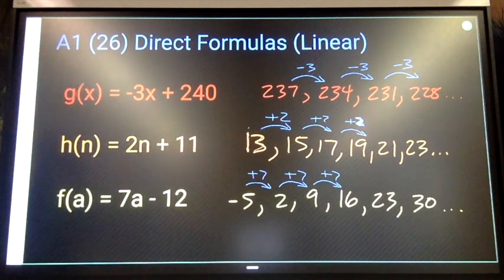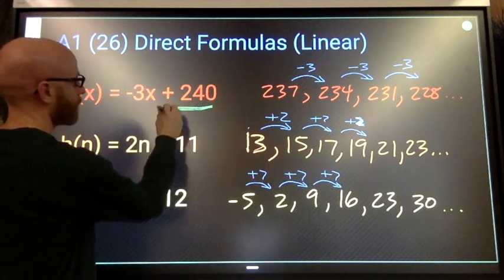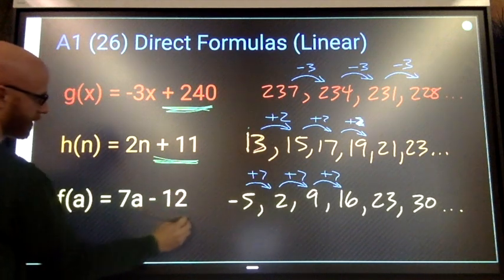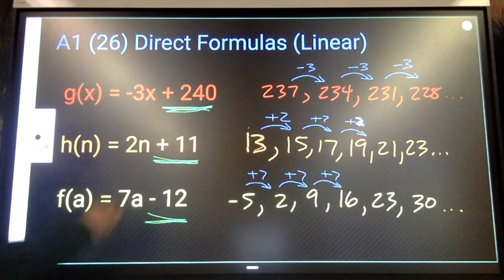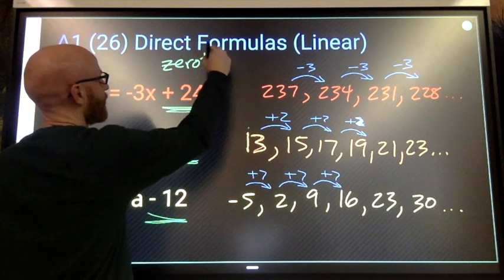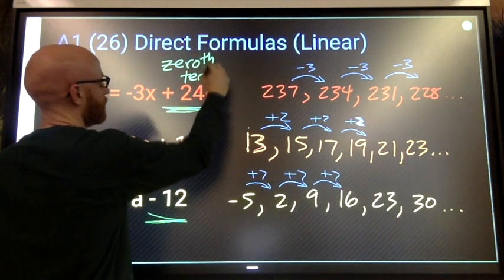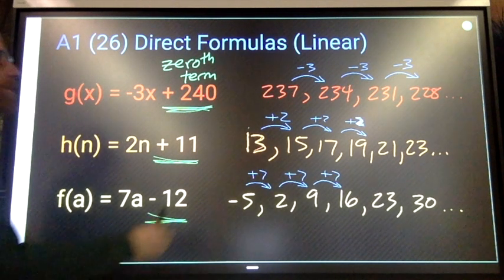And what is this other number? Okay, you would have to look a little bit more closely to figure out, but what this number is, I will call the 0th term. Okay, the 0th term. And what do I mean by that?